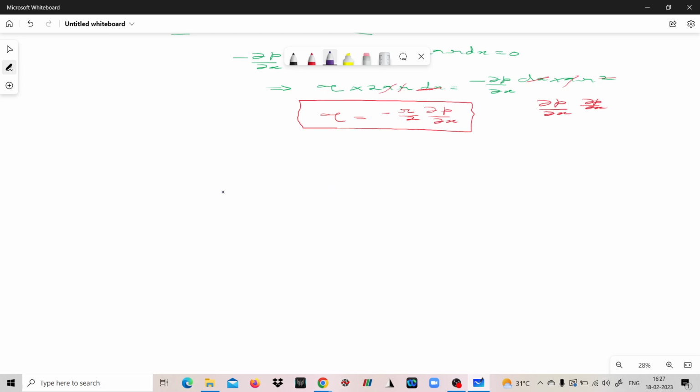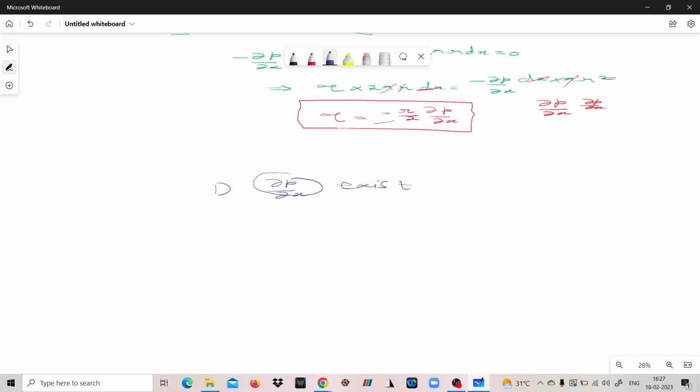First of all, the first point is the flow will take place only if there is a pressure gradient, that is del P by del X, along the flow direction. So only if del P by del X exists, that is, if a pressure gradient exists along the flow direction, in that case flow will take place in a pipe.